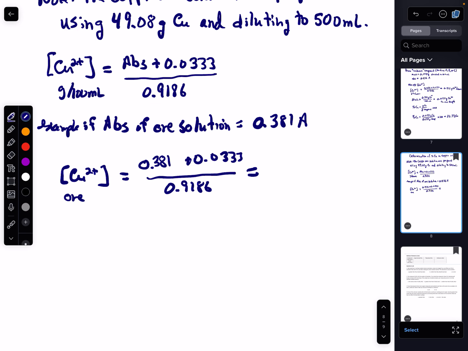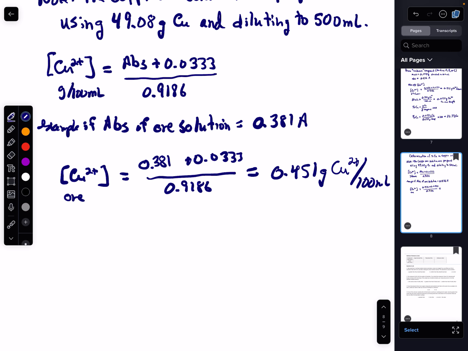0.381 plus that, divided by 0.9186. So I get 0.451 grams of copper 2 plus per 100 milliliters of solution. Now, in this case, we didn't have 10 milliliters. Our copper solution was 500 milliliters.